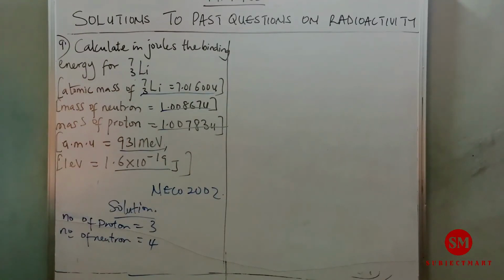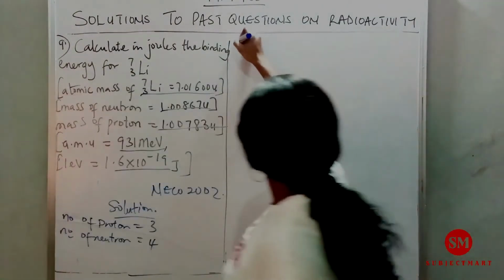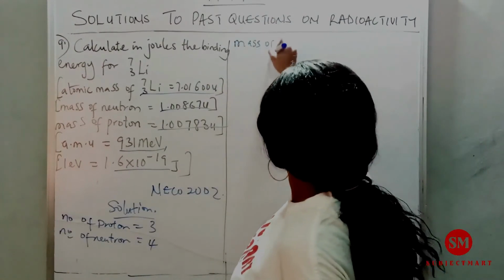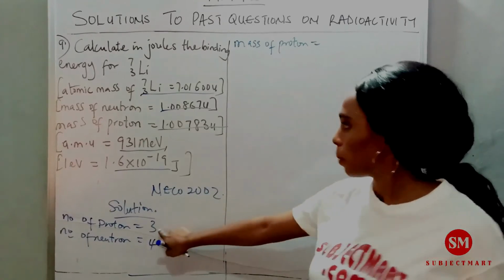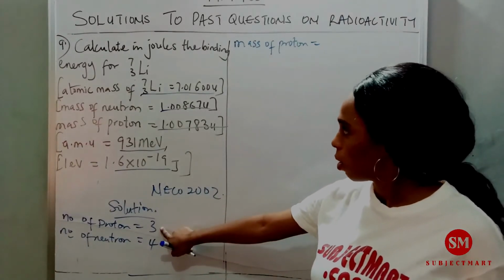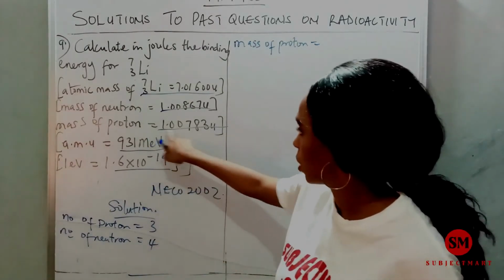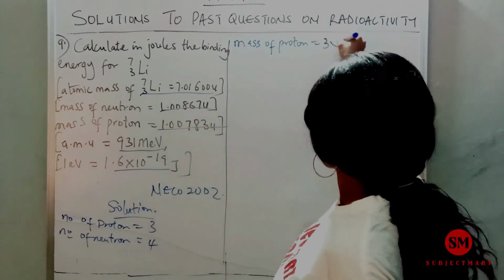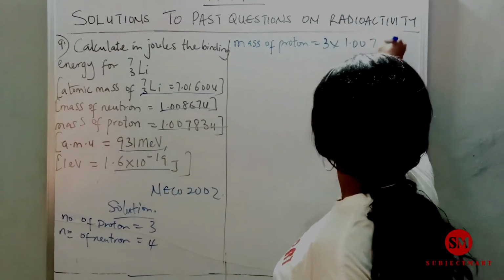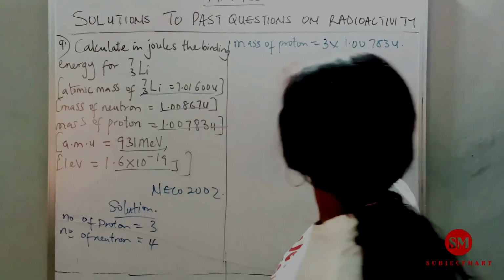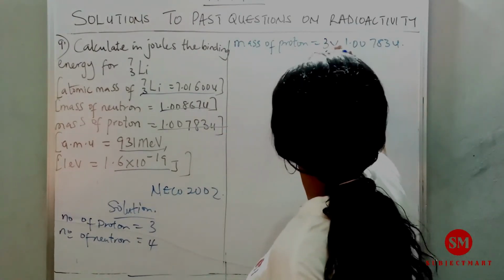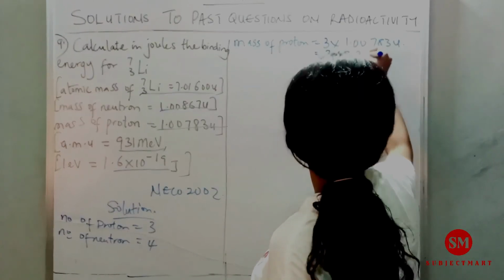Okay. So to get the mass of the proton, I'm going to multiply 3 by this. 3 times this, and that gives me 3.02349.